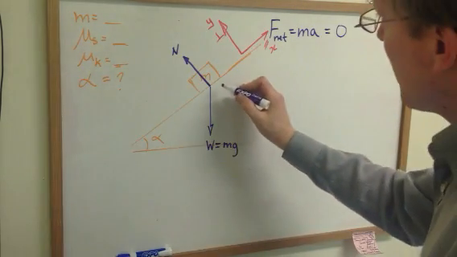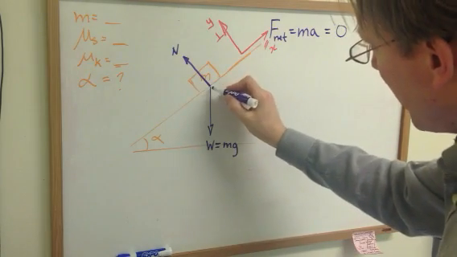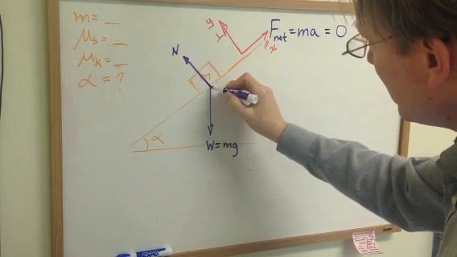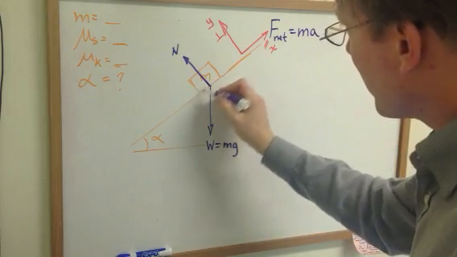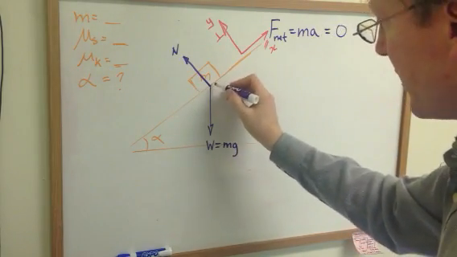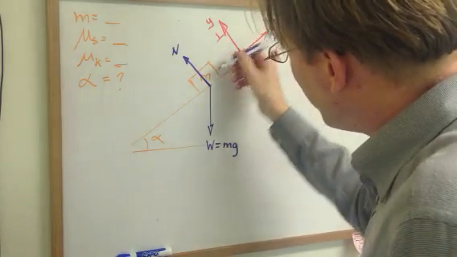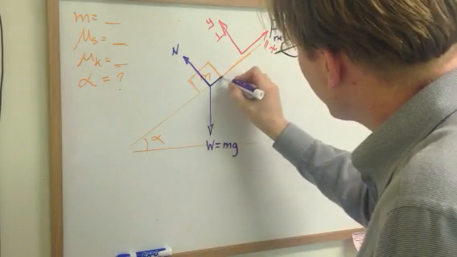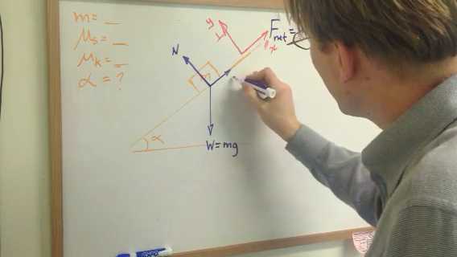We're going to look at the point of contact. Forces are pushes and pulls, so we're going to look for forces right here. The box has only one contact point. There's a normal force there, and it's about to slide down the hill, so there's also a friction. And we're going to say that friction is pointing uphill.